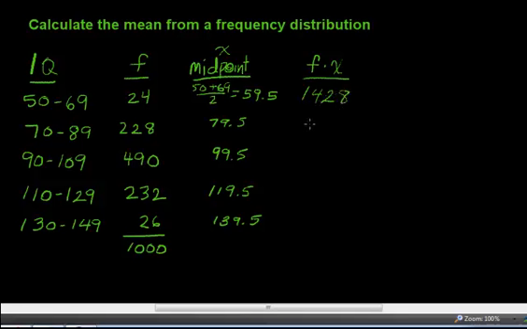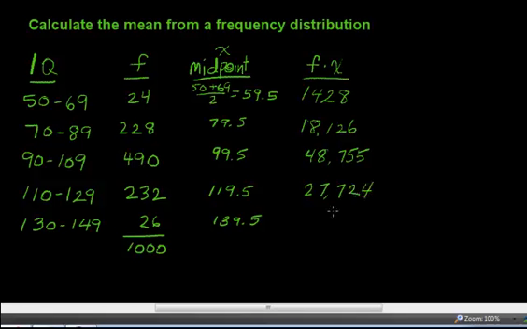Going down our table and filling in this column, 18,126. The next one is 48,755. Then we have 27,724.